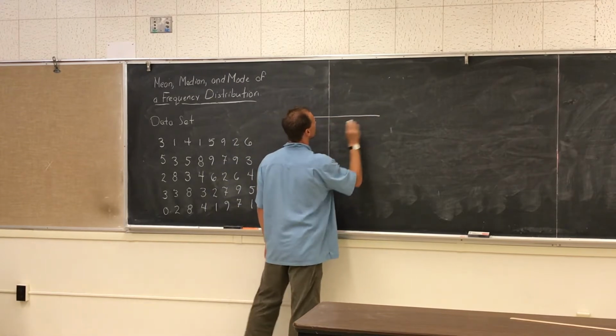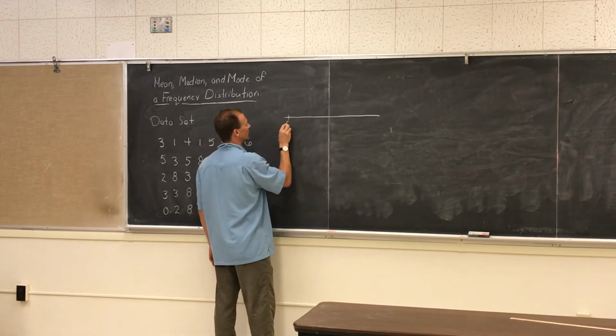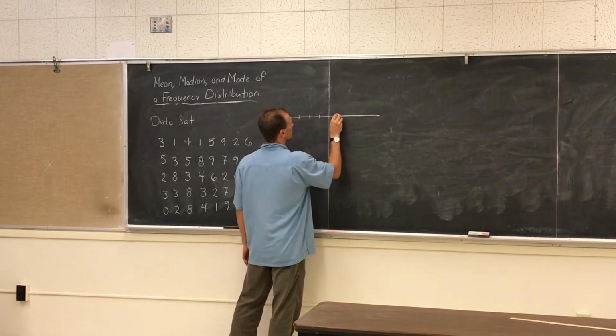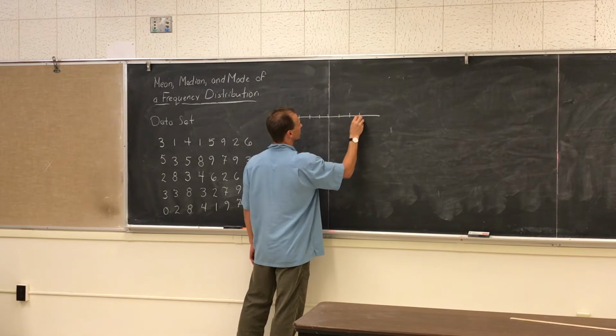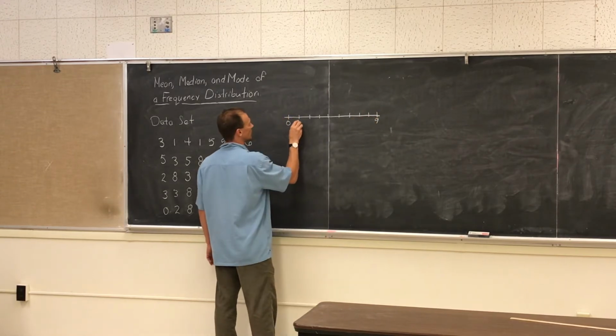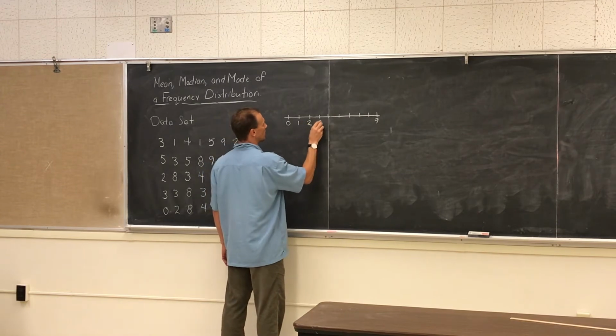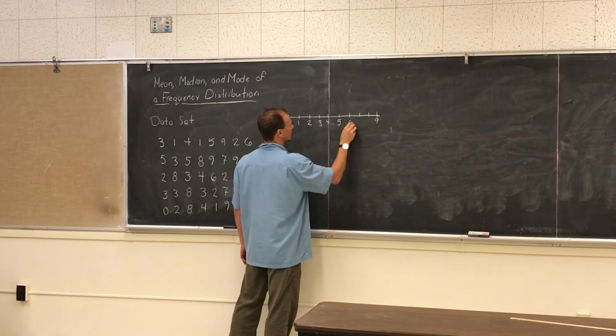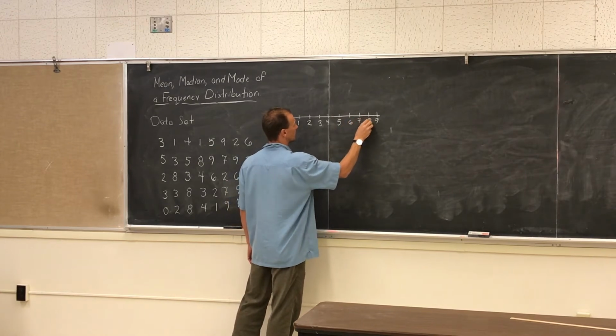We're going to have a 0, 1, 2, 3, 4, 5, 6, 7, 8, and 9. Let's label all these.